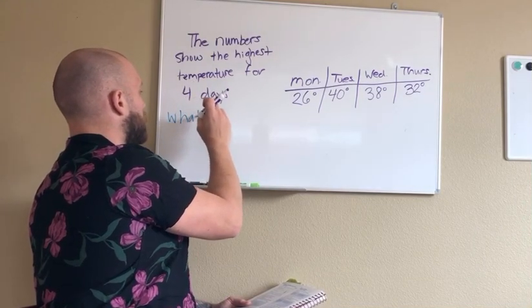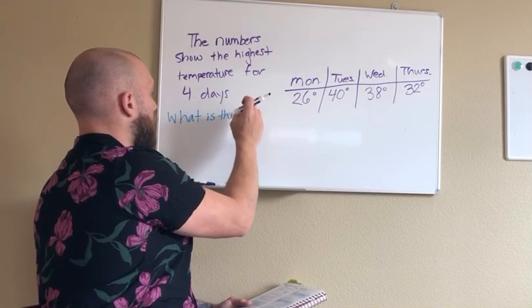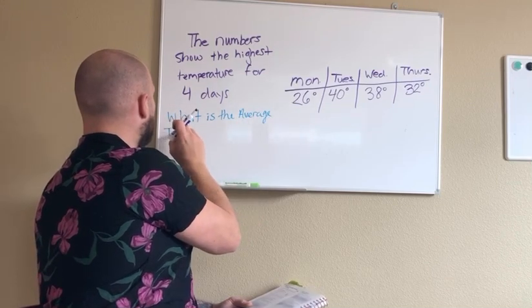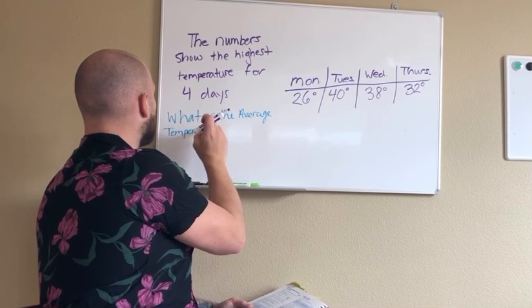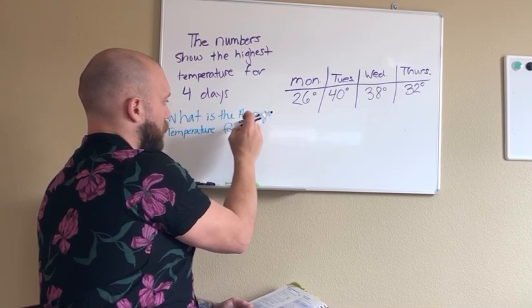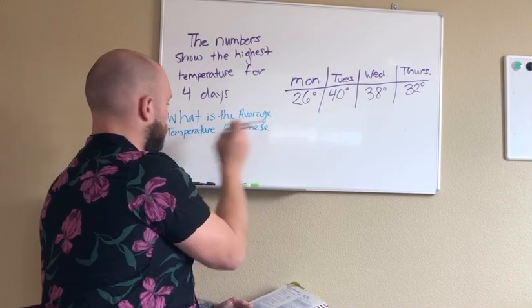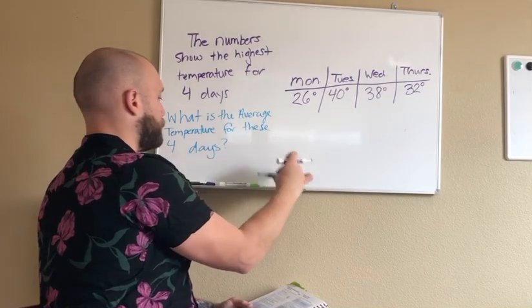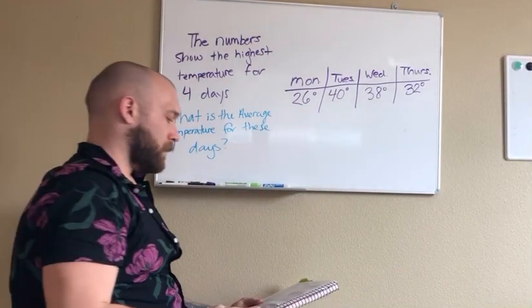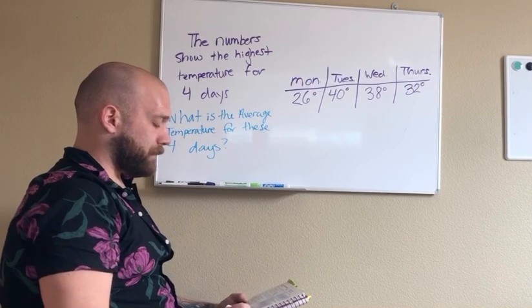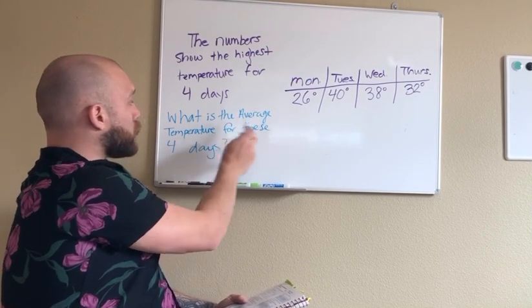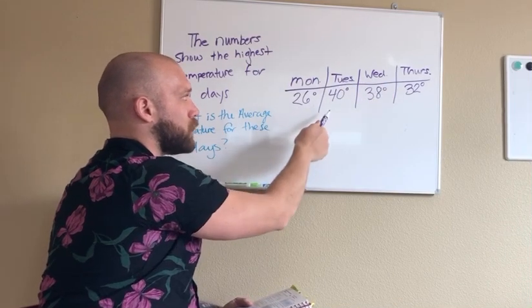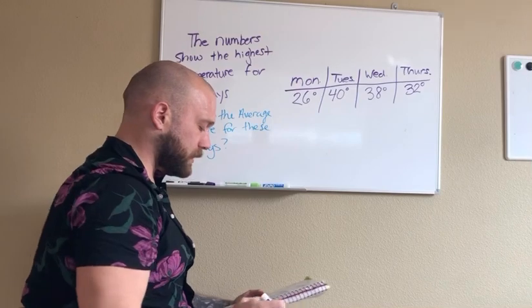What is the average, that's what we're learning about, temperature for these 4 days? Here's the question again. What is the average temperature for these 4 days? Monday, Tuesday, Wednesday, Thursday. We have 26 degrees, 40 degrees, 38 degrees, and 32 degrees.